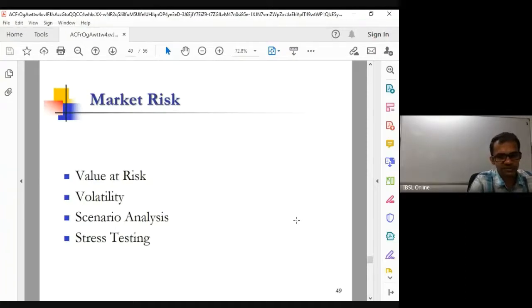How do we measure that? That's why I put it here as a common market risk. So these are some of the ways of measuring market risk as a whole in aggregate, instead of looking at interest rate separately, exchange rates separately, and commodity risk and equity risk separately. When you put them all together, what is the risk?